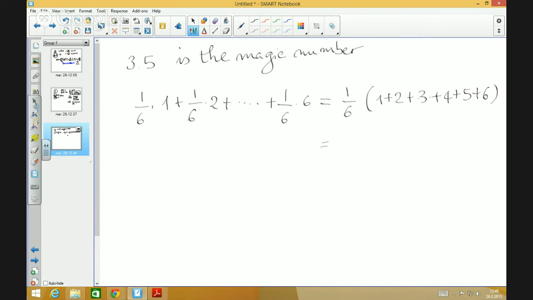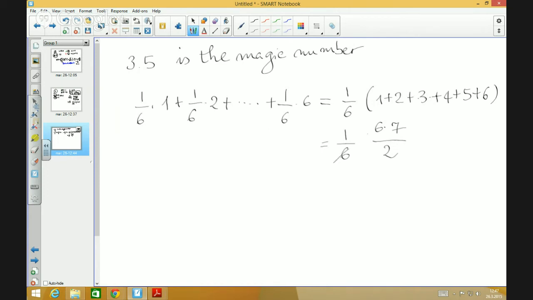And now, of course, you know how to calculate the sum of all the numbers between 1 and 6. There is a nice formula that I think you've seen in all kinds of sources, which tells you how to do that without actually doing the calculation. The sum of all the numbers between 1 and n, no matter what n is, is n times n plus 1 divided by 2.